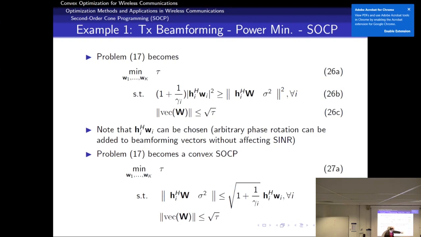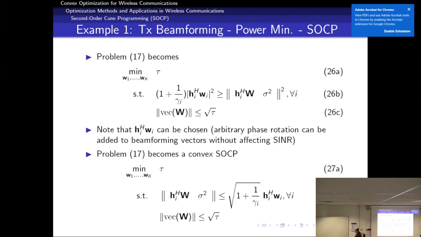Now here you remember what we said. For this to be a valid constraint, a cone constraint, this one has to be essentially a real quantity, a real scalar. And so what we were doing, we can always find your W here such that this quantity is real, right? Because you remember what I explained.